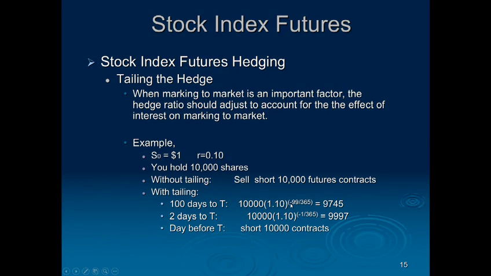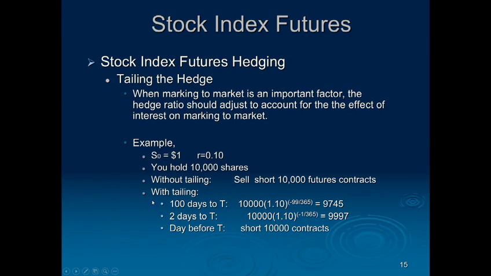2 days prior to expiration, I do the same thing, but I discount only by 1 day. And so the number of futures contracts I need to hold has gone up. It's now gone up to 9,997. The day before expiration, I need to short 10,000 futures contracts.